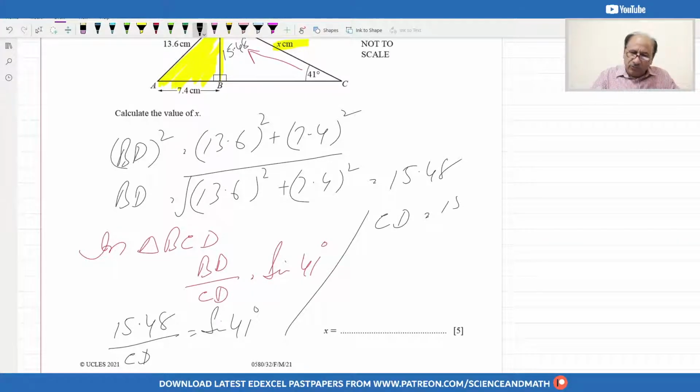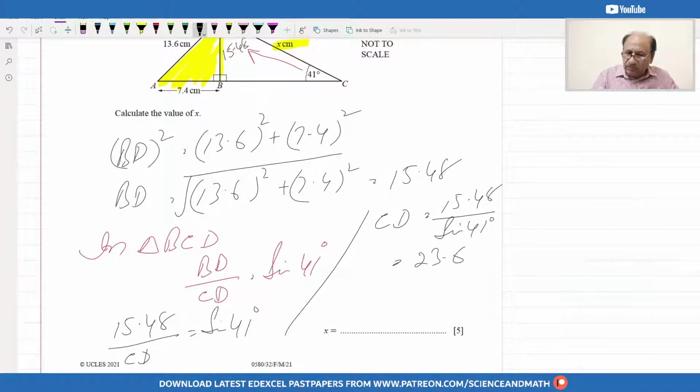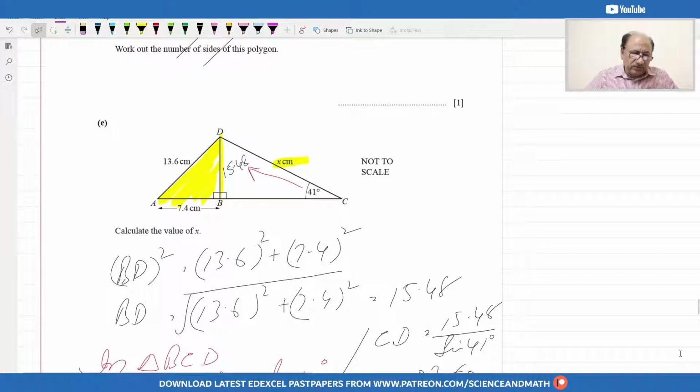CD will be equal to 15.48 divided by sine of 41, and this is equal to 23.59, or we can write 23.60, or 23.6. This is basically the 5 marks question which we are done with.